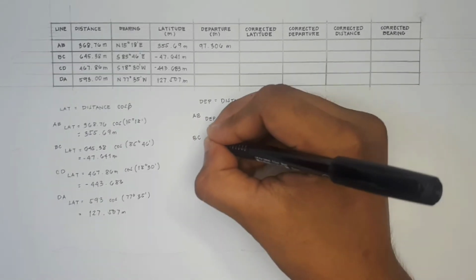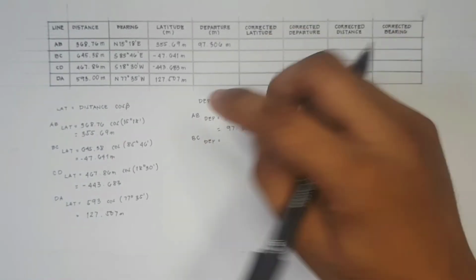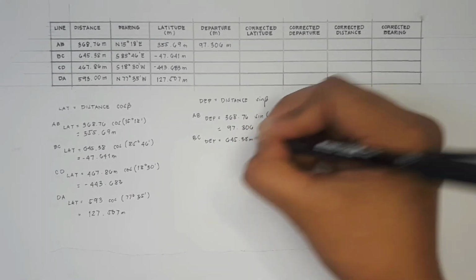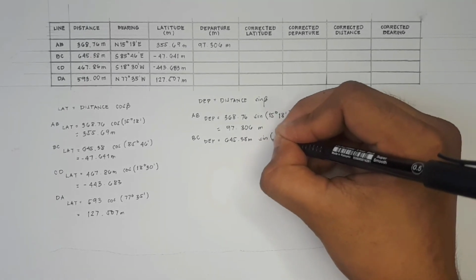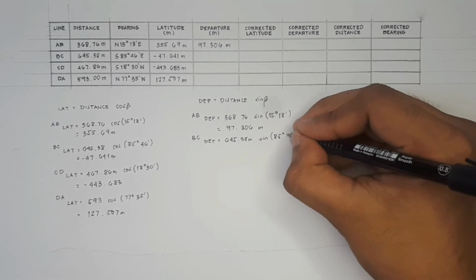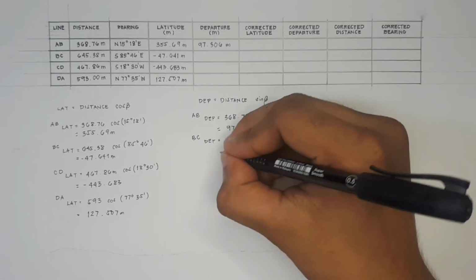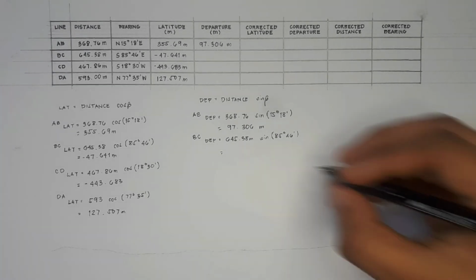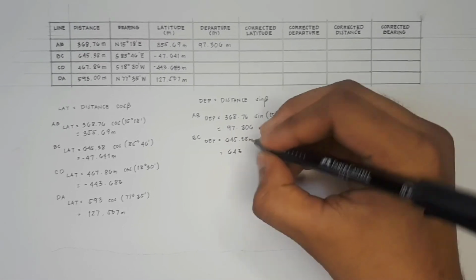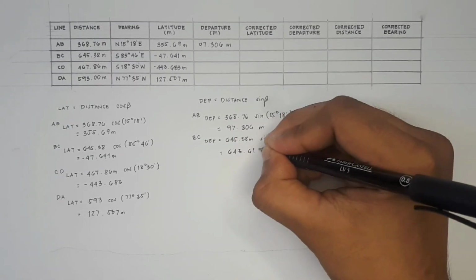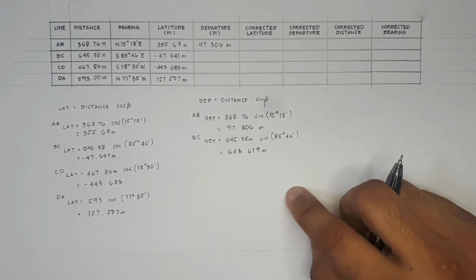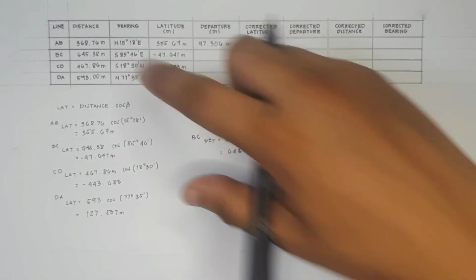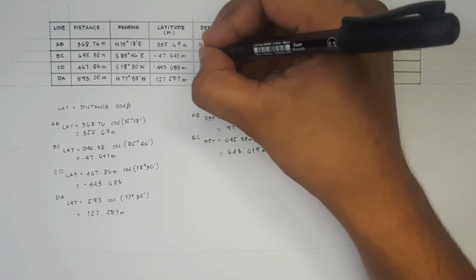Next is the line BC. BC departure is equal to the distance, so we have 645.38 meters times the sine of the bearing angle, which is 85 degrees 46 minutes, and this will give us 643.619 meters. And since the direction of our line is going east, this will be positive.